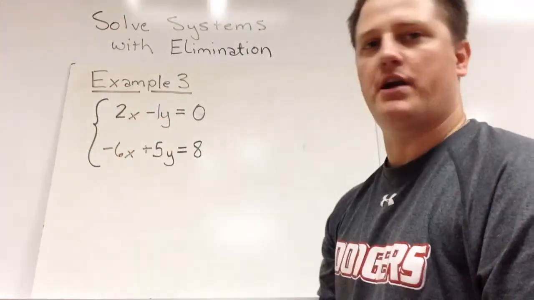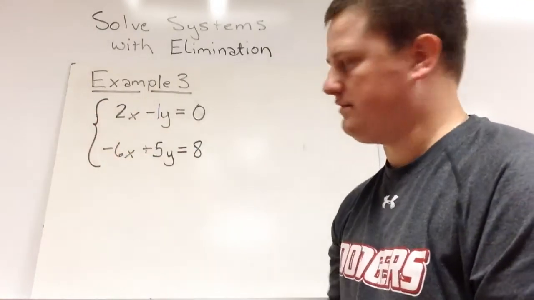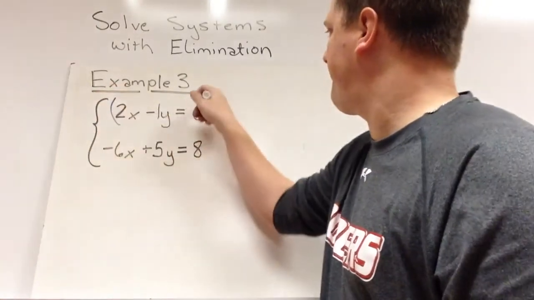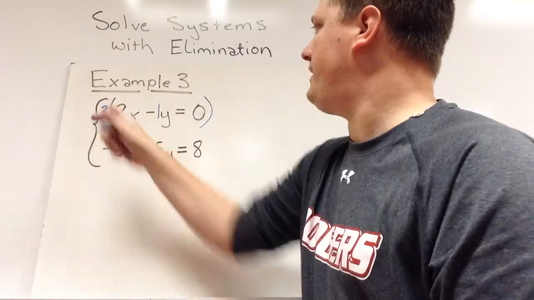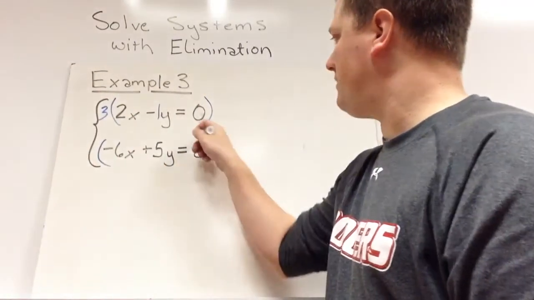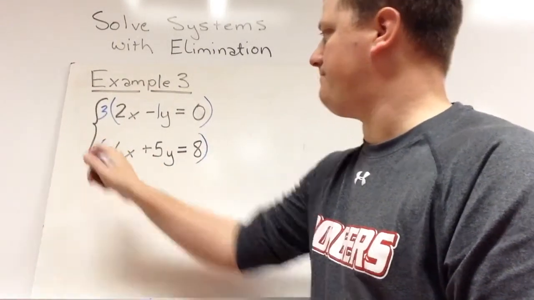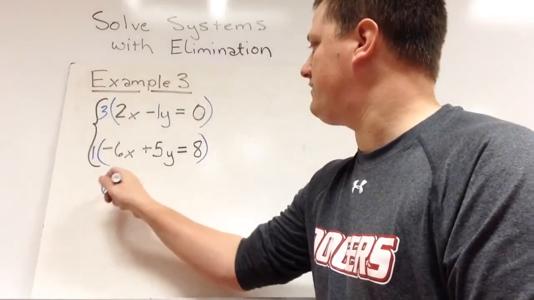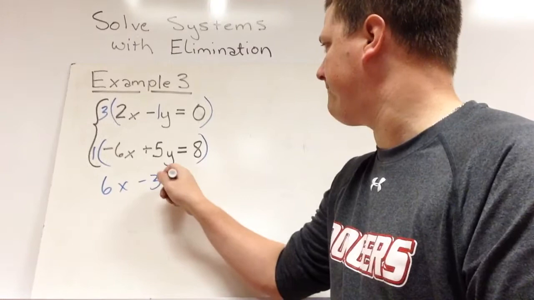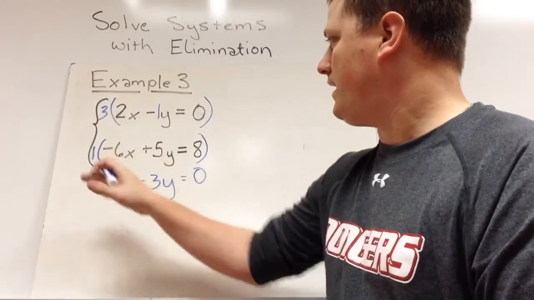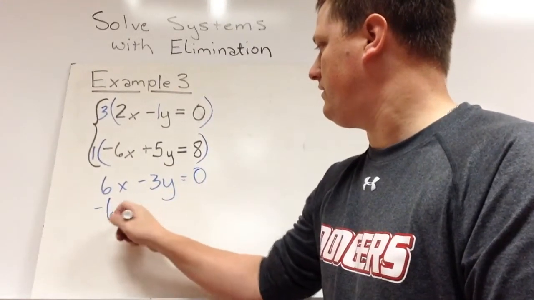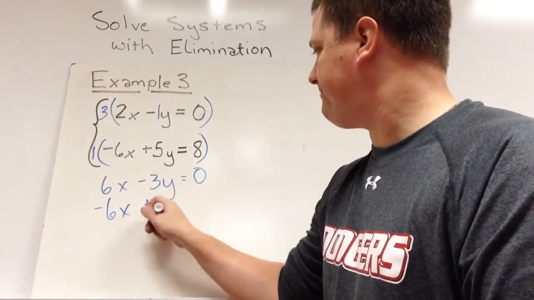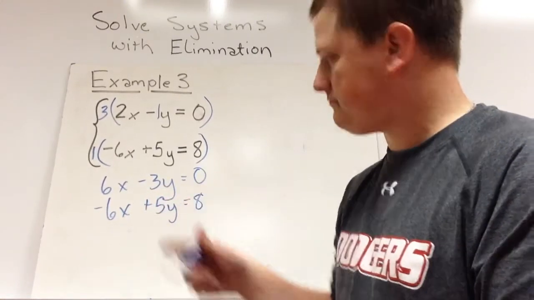I'm going to go with the front numbers. So we're going to turn 2 and 6 into 6. So we're going to multiply by 3 here. And on the bottom, we're going to multiply by 1. That's going to keep everything at 6. So we're going to get 6x minus 3y equals 0. And we're going to get negative 6x plus 5y equals 8.